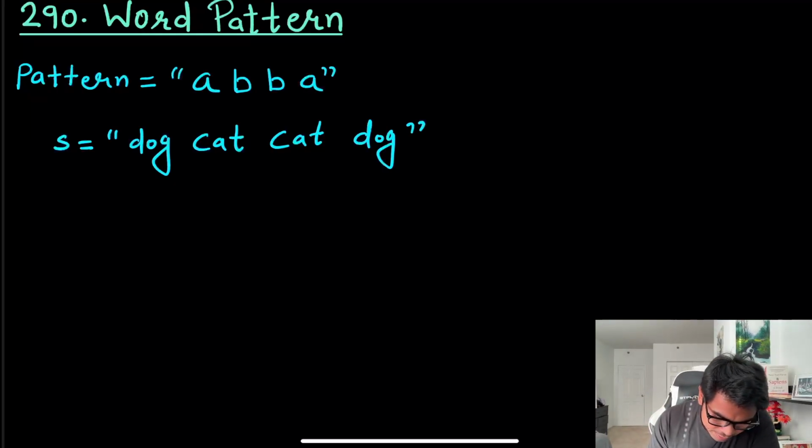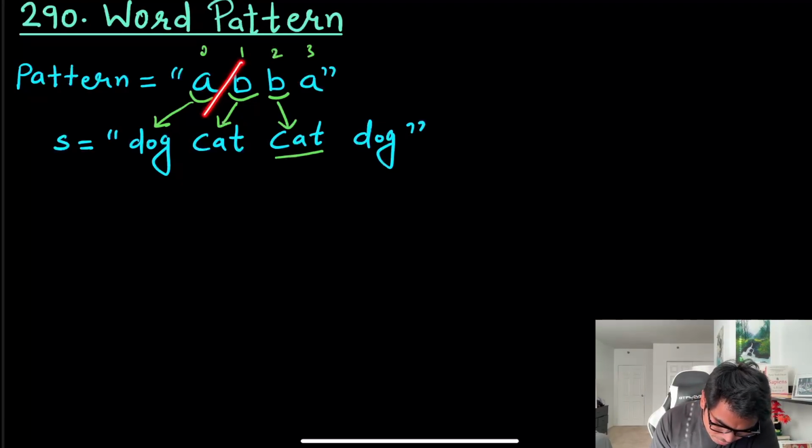So what they're saying is, let's say this A is mapped to dog, and this B is mapped to cat. Then this B, because now I am at the second index, 0, 1, 2, 3, needs to match what I have seen before for B. I mapped B to cat, so B has to match cat.